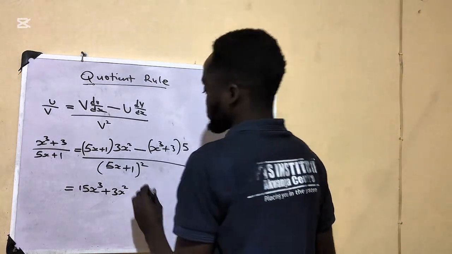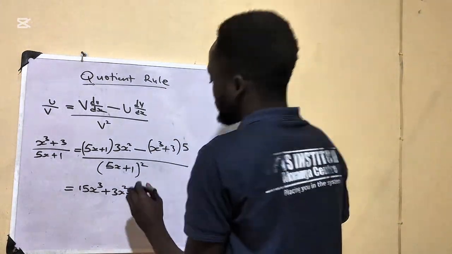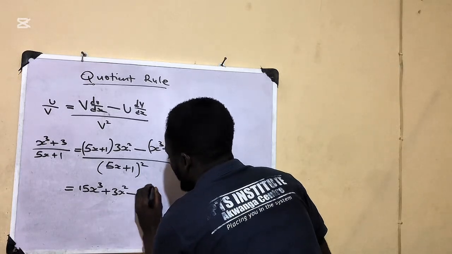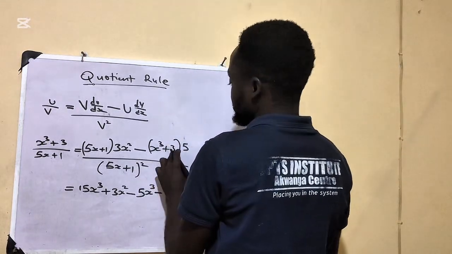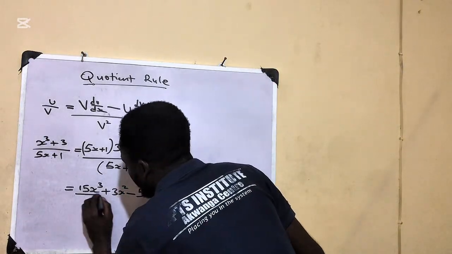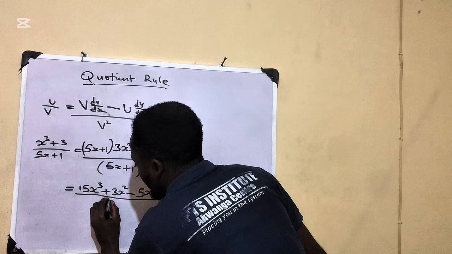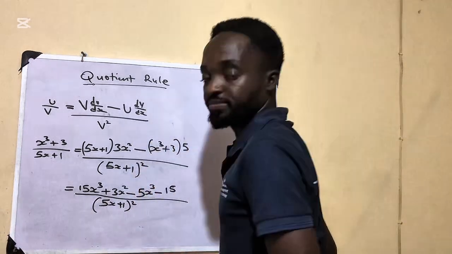Then here we have minus. Now 5 multiplied by x to the power of 3 is going to be 5x to the power of 3. Then this minus is going to affect this one again, so we have minus, then 3 times 5 is 15. So everything divided by 5x plus 1 squared.